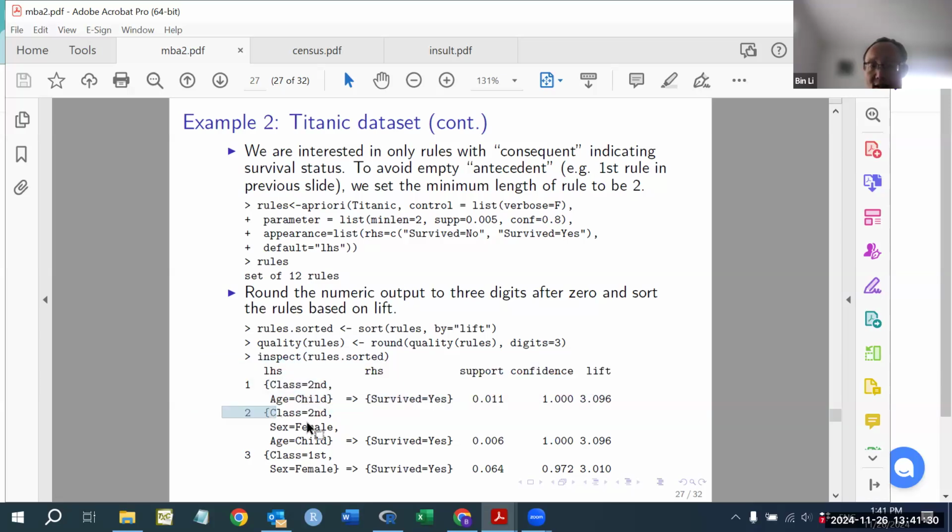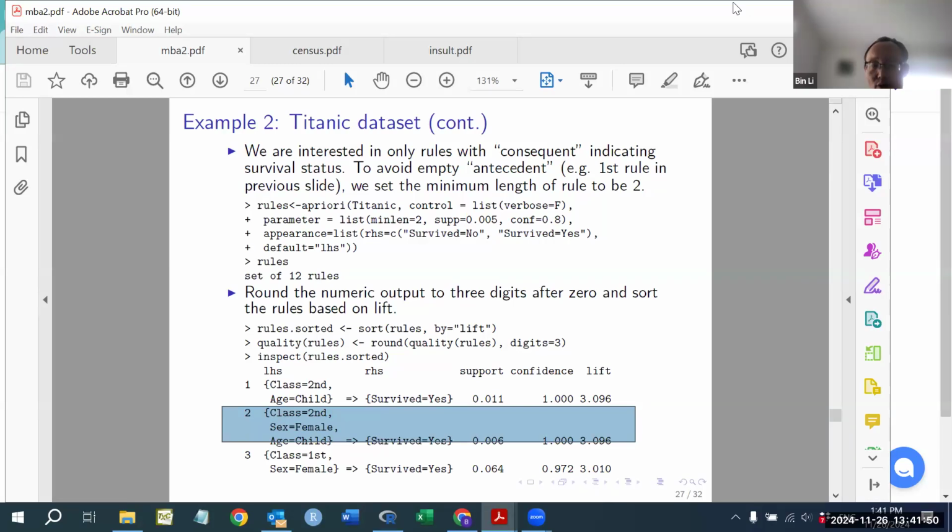Okay, and the second is second class female children, survived yes, with the same confidence and lift. And this one, you can see it's actually redundant. Why?